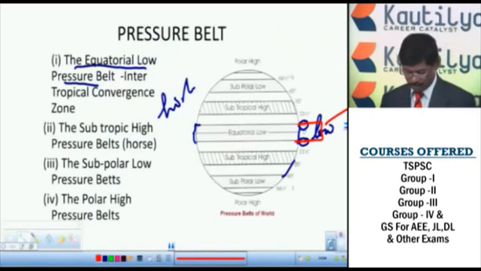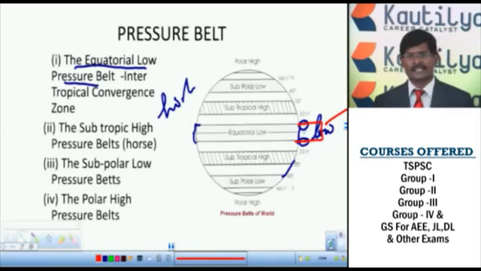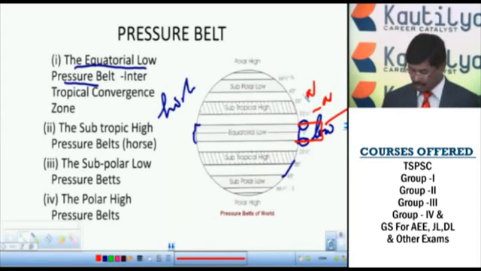So this is about the first one. Second one, tropical high pressure belts. Generally the tropical high pressure belts extend from 23.5 north to 35 degrees north and 23.5 south to 35 degrees south.